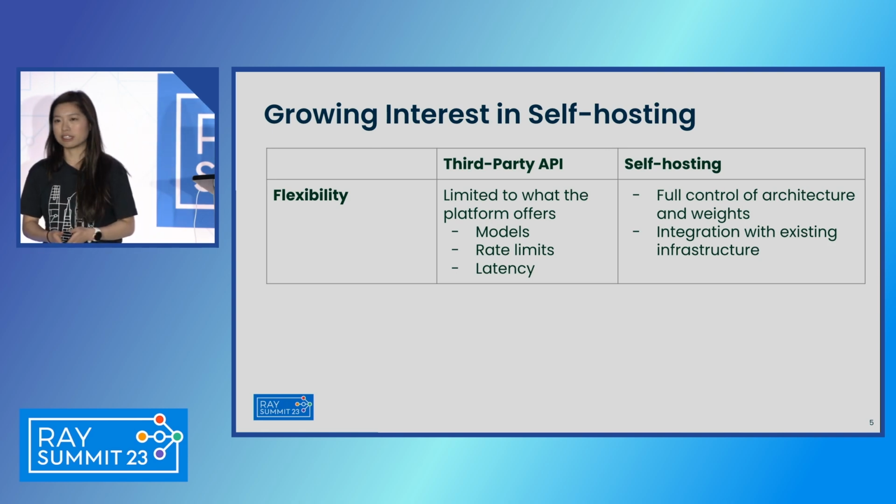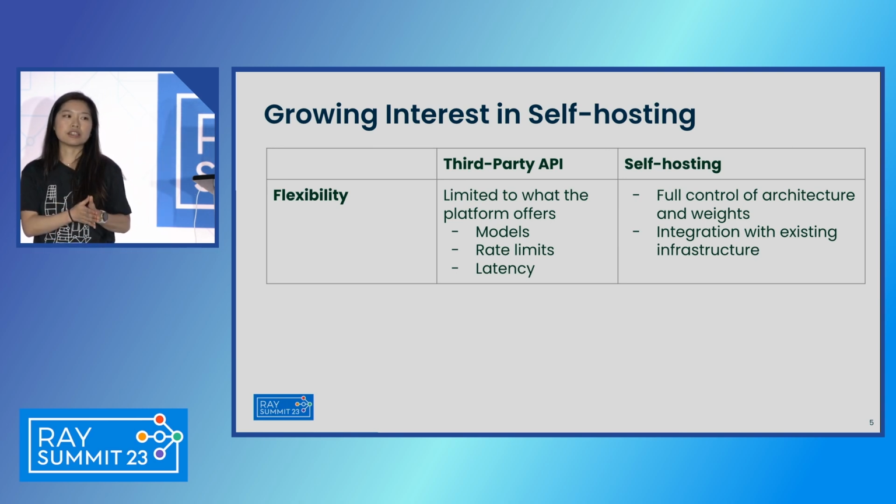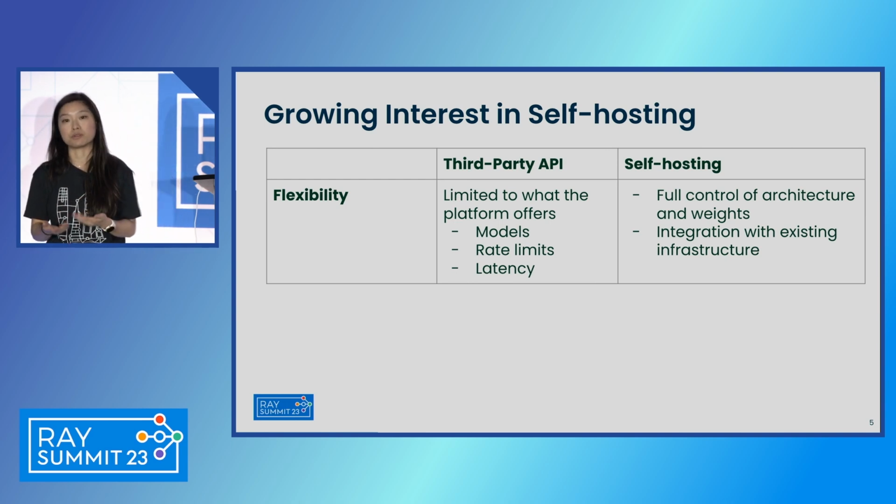First of all, it's flexibility. When you're using somebody else's third-party APIs, you're limited to the models they're offering. And if your application has some performance or volume requirements, you're really constrained by the latency and rate limits provided by these vendors. On the opposite, if you're hosting these LLMs on your own cloud infrastructure, your application team has the flexibility to choose what models they want and also to have full control of the weights.